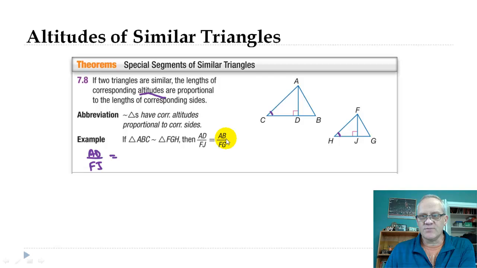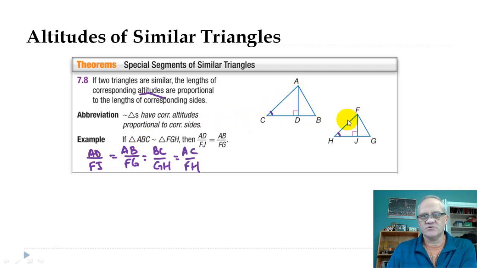So AB over FG, which is good, but it's also proportional to BC over GH, and that's also proportional to AC over FH. We already know all this stuff. We know these three because the triangles are similar. This was the new part that we didn't know, but now we do: the ratio of their altitudes is the same as well.